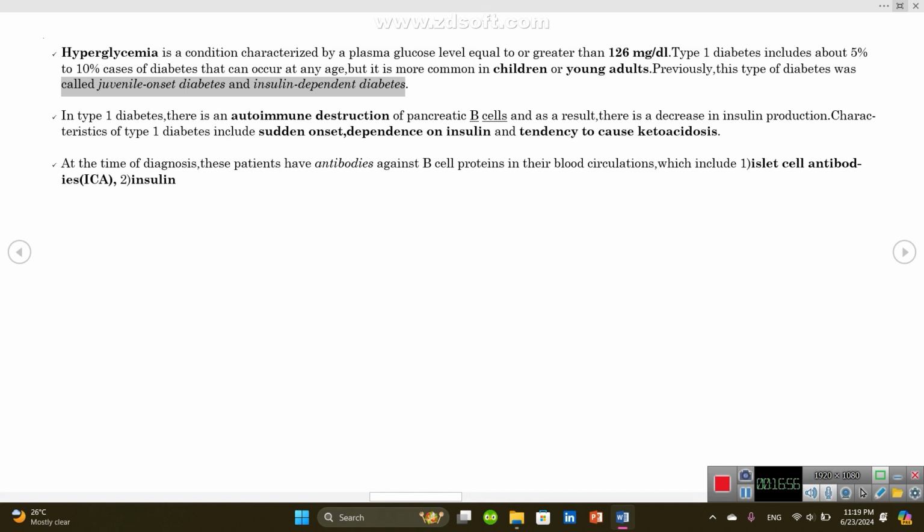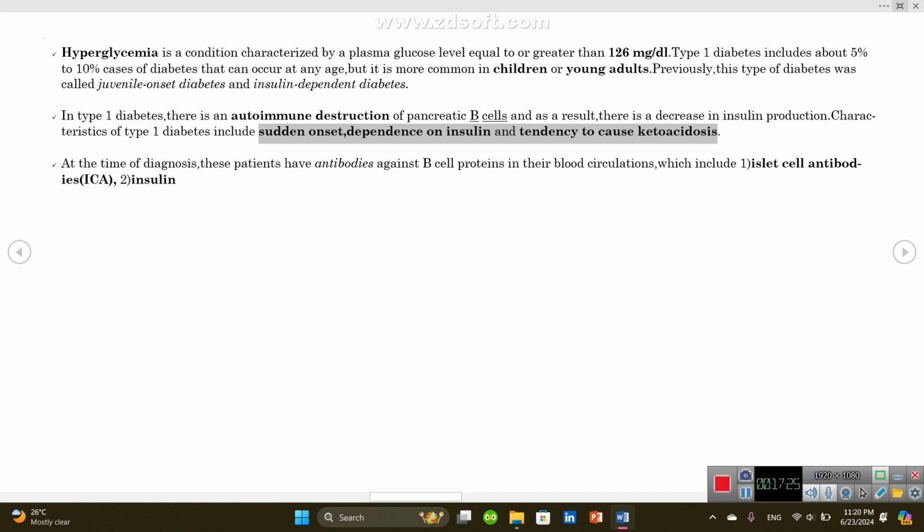In type 1 diabetes, there is an autoimmune destruction of pancreatic beta cells, and as a result, there is a decrease in insulin production. Characteristics of type 1 diabetes include sudden onset, dependence on insulin, and tendency to cause ketoacidosis. These are the characteristics and symptoms of diabetes type 1.